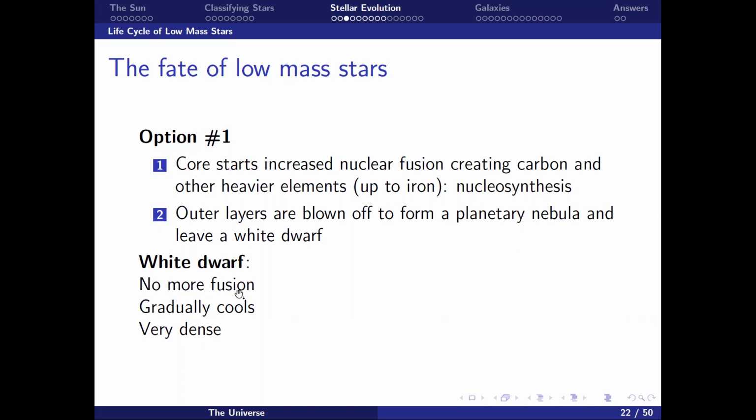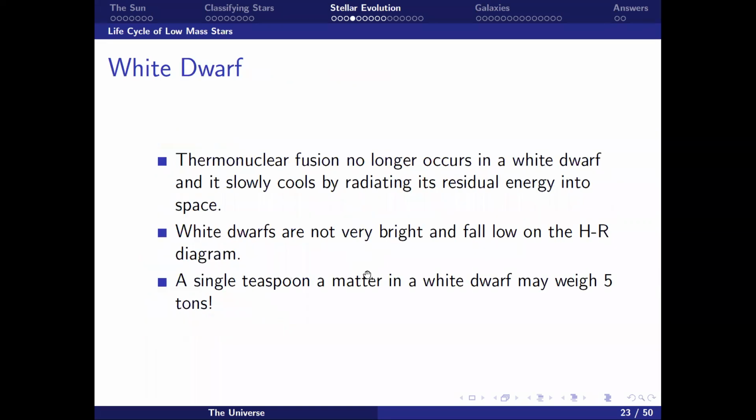In the white dwarf, there's no more fusion going on, and it's gradually going to cool down, and it's incredibly dense. It's almost like the nucleus of an atom dense throughout the whole thing. So that means that they have such a high density that a teaspoon of white dwarf matter might weigh as much as 5 tons.